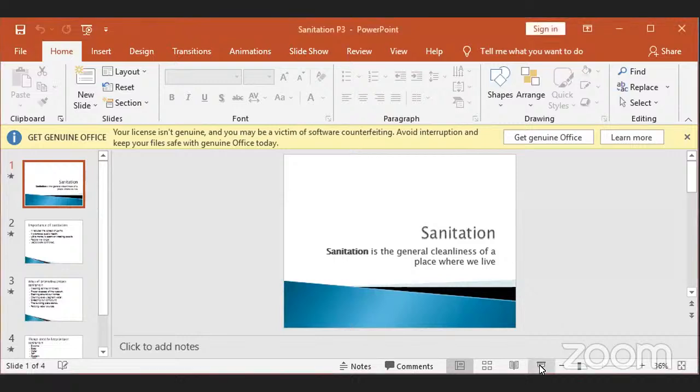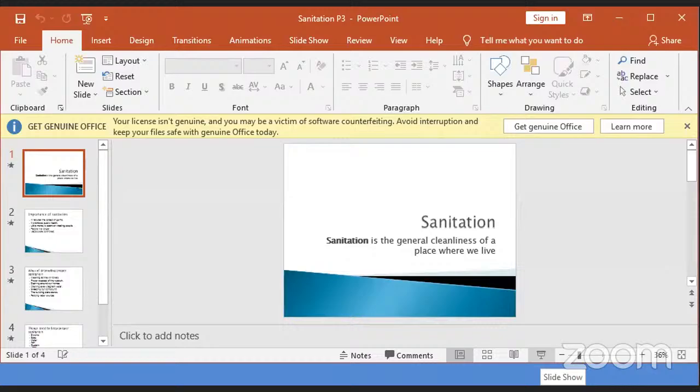Then later you can speak to your parent to give you access so that you can read this work at home alone. Then when we meet, you can just ask questions. You can ask your teacher. Teacher Ben is available here. There are also other teachers that you can ask questions on some areas where you're not clear.